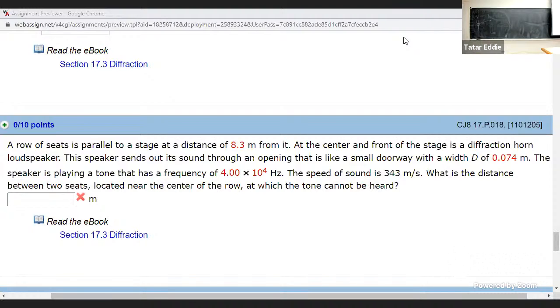However, if you go a little bit off the center of the opening, you're going to find a spot where the sound is going to completely disappear.